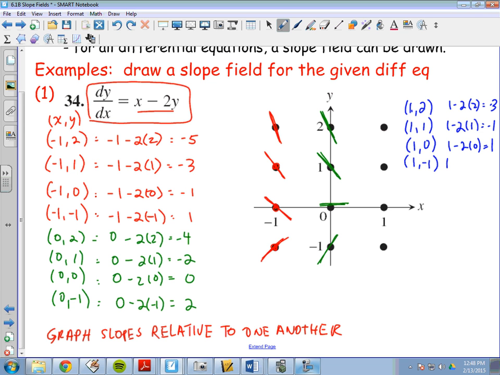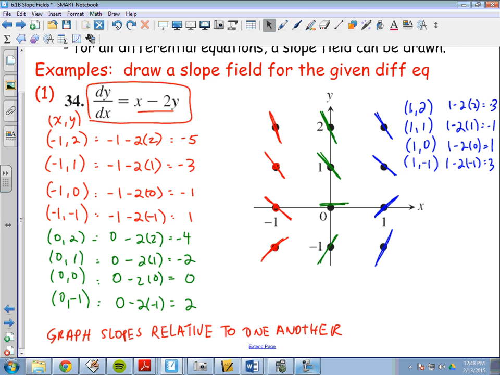And 1 minus 2 times -1 is +3. So you get -3 here, a little less steep, -1 is a perfect 45, here you're at 1, and here you're at 3. That's a slope field in a nutshell.